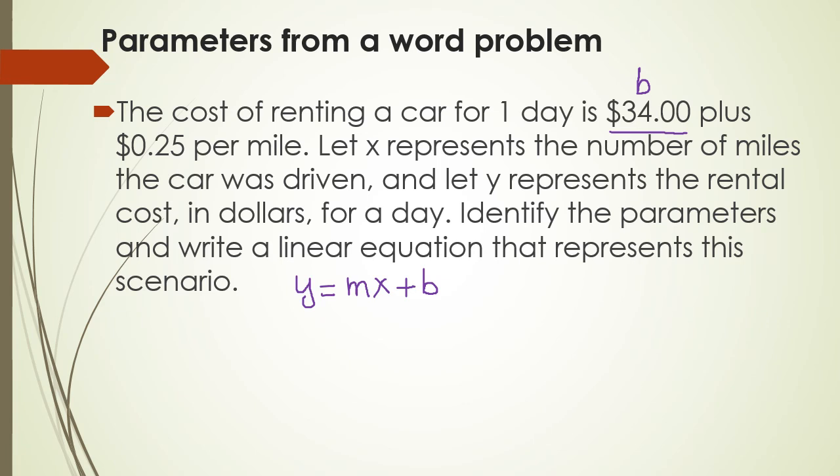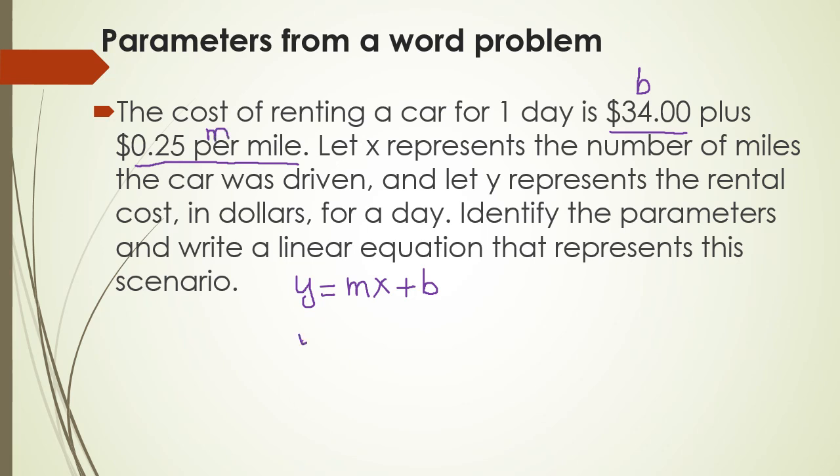And then after that, we have to pay $0.25 or 25 cents per mile. So in this case, we have an average rate of change. We have a rate in this problem, which we will consider as the slope or m.